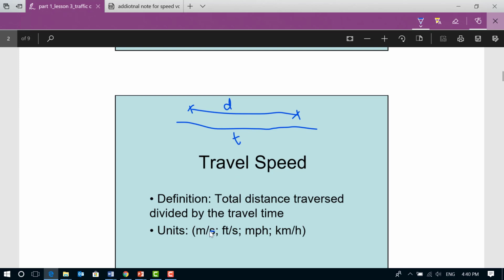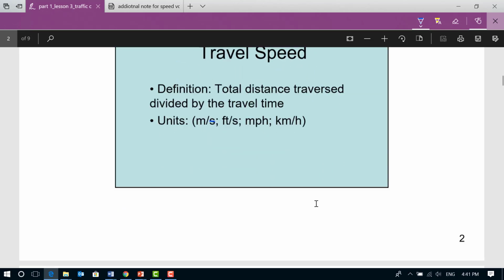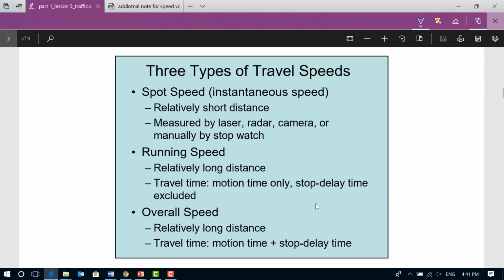If your t is in seconds and your roadway length is in meters, then your speed is expressed in meters per second. If your roadway section is in feet, then your speed will be in feet per second. If your length is in miles and your time is in hours, you have miles per hour, and so on. That's the travel speed. It's relatively easy, but that's just the general definition.